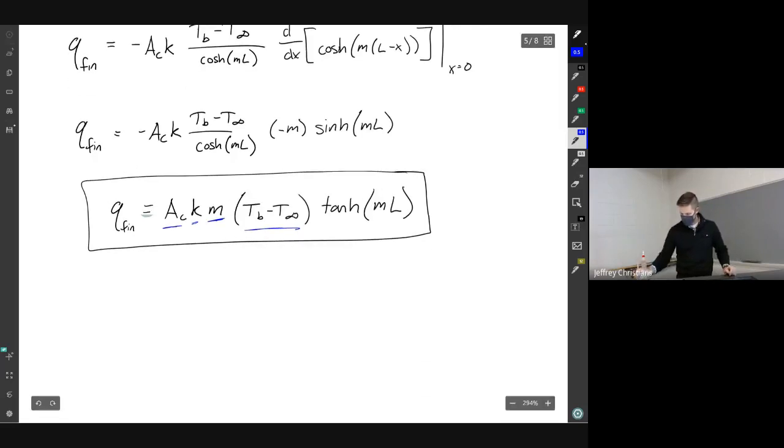If we wanted to plug in our final answers for our actual example problem, that was 4 pages ago in your notes, this would be Q fin equals, and then we would just start plugging in our different constants. Our cross-sectional area would be 60 times 10 to the minus 6 meters squared. Thermal conductivity is 180 watts per meter Kelvin. m was 20.6.